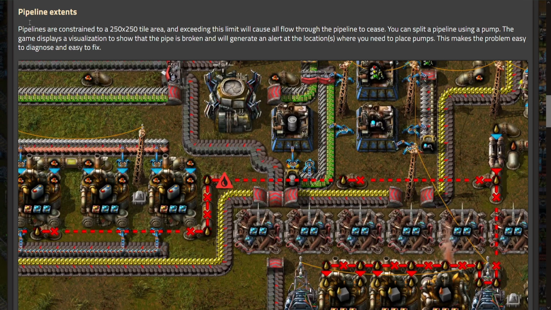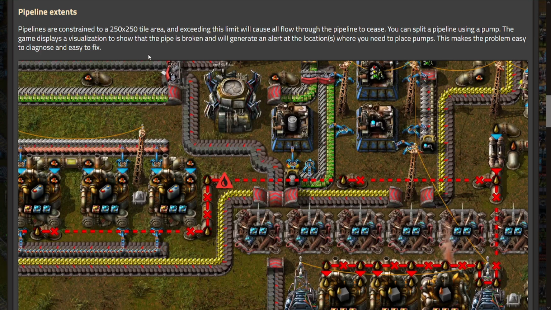And now they introduce pipeline extents, which is a constraint for any pipeline to be contained within a 250 by 250 tile area. I think they might also change this to 256 to make it align with the chunk sizes.